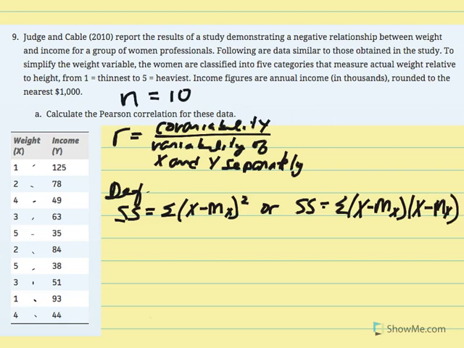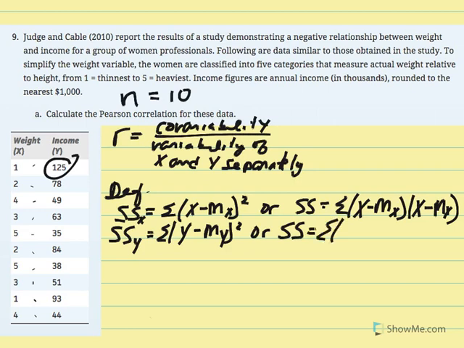I'm using this so that we can see the similarities with the SS for the covariability, which we refer to as sum of products. Now we have a second variable, so SS for y is equal to the sum of y minus the mean of y, squared, or the same as saying SS is equal to the sum of y minus the mean of y multiplied by the mean deviation, because we're squaring that value.